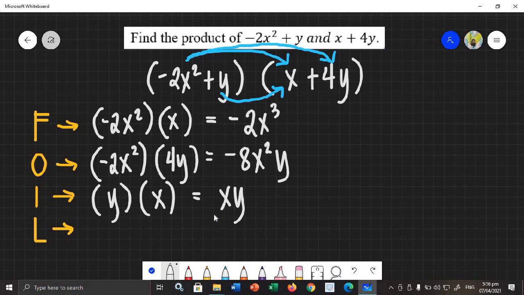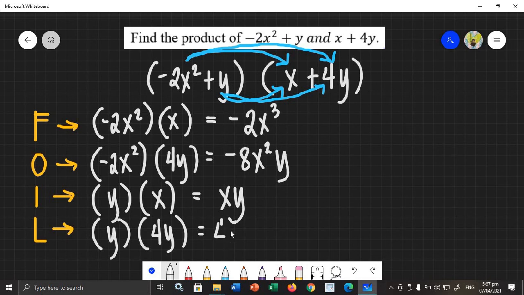So here, we can write yx, but in the alphabet, x comes before y. So let's arrange that and the answer will be xy. Lastly, let's multiply the last terms. So y times positive 4y. Okay? And we will get 4y squared. So 1 times 4 is 4, y times y, that is y squared.